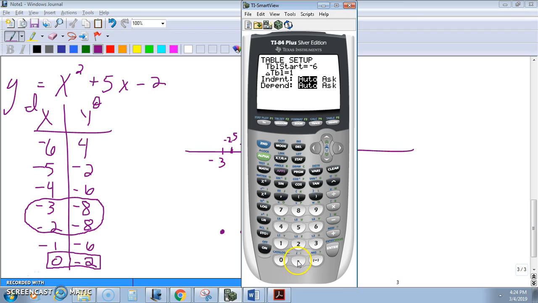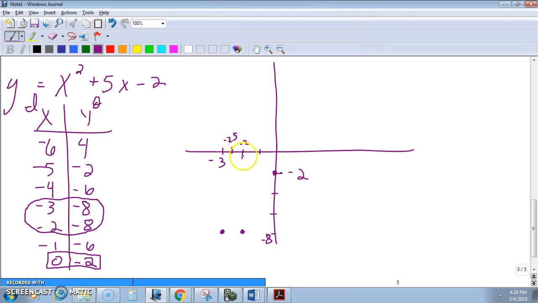If I want to get that 0.5, I want to count by 0.5s. And then let's go back to the table and I'll go down to negative 2.5. And it looks like my vertex is going to be negative 8.25. The reason I chose negative 2.5 is because that is right in the middle of negative 3 and negative 2, of those two 8s.